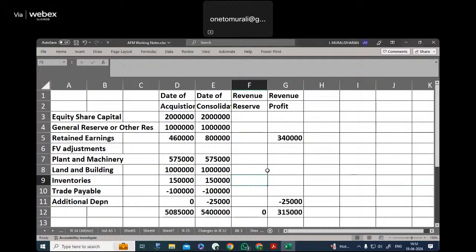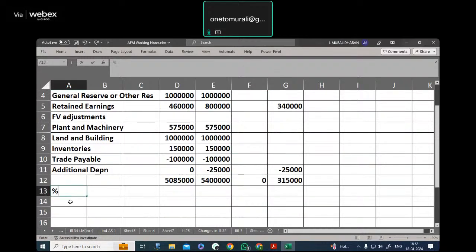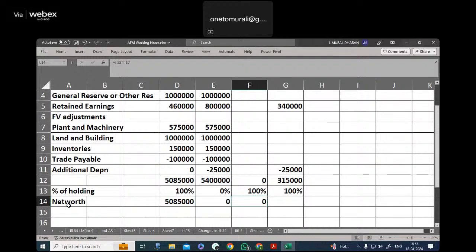Okay, this is what we have. Percentage of holding is 100%. Net worth. Investments by parent.